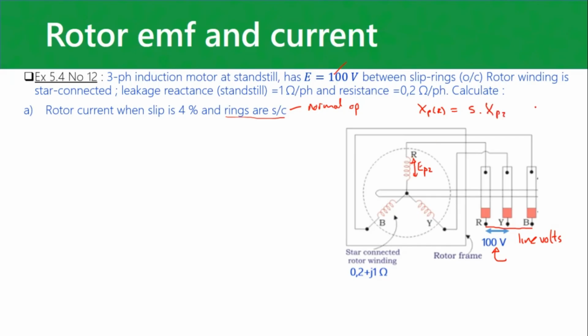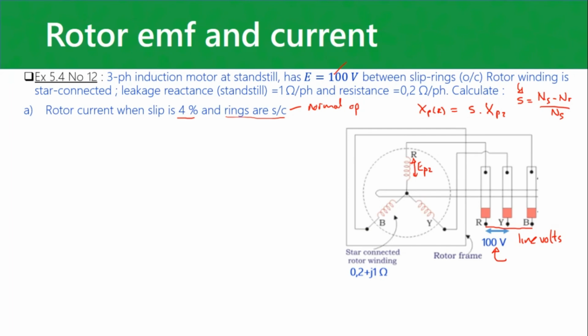Because at a certain slip, obviously, we have to have some sort of rotation for there to be slip. NS minus NR over NS. So you see, as soon as they give you a rotational speed, or sometimes they give you the slip like that, if they just gave you the speed, you'd have to work out the slip. It's the first thing you do. You can't work out anything on this thing without working out the slip first.